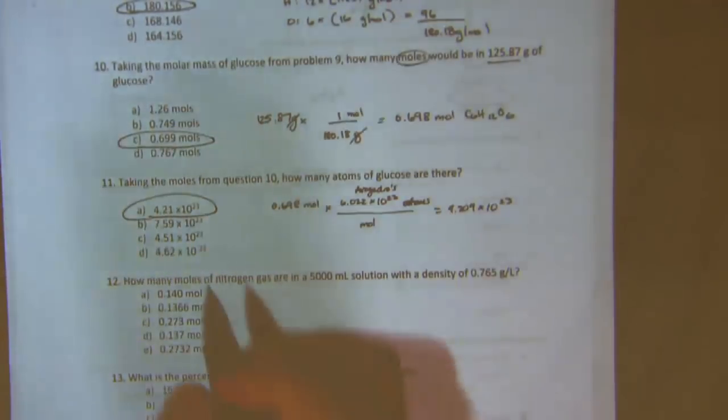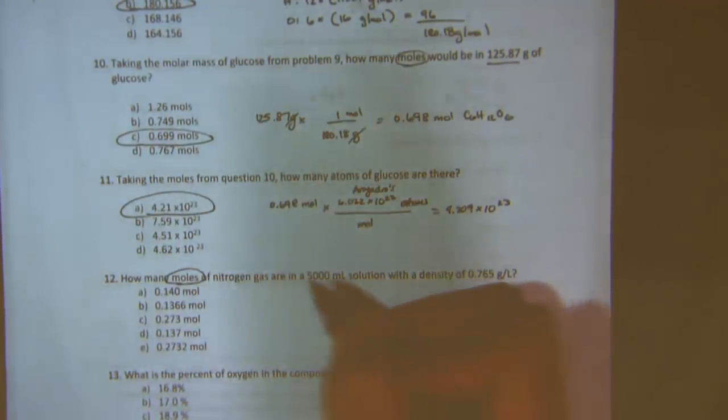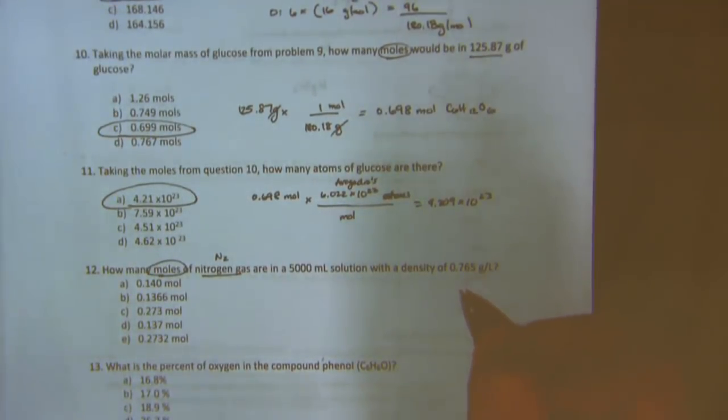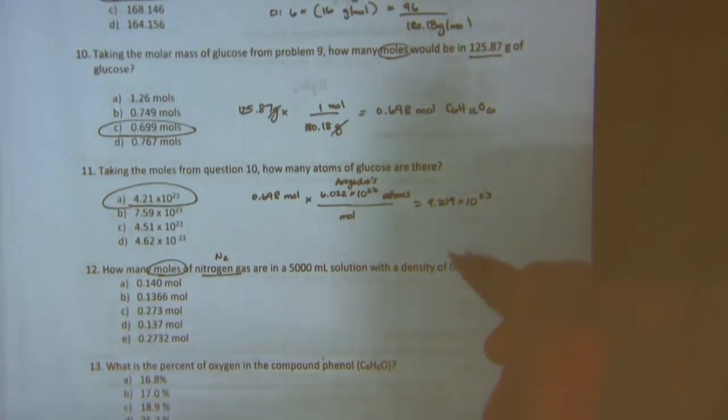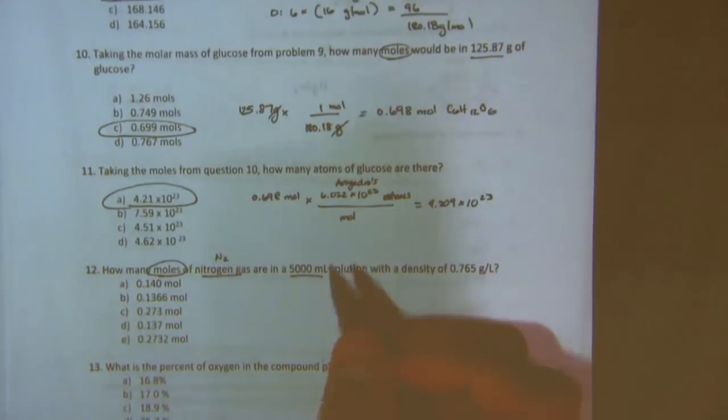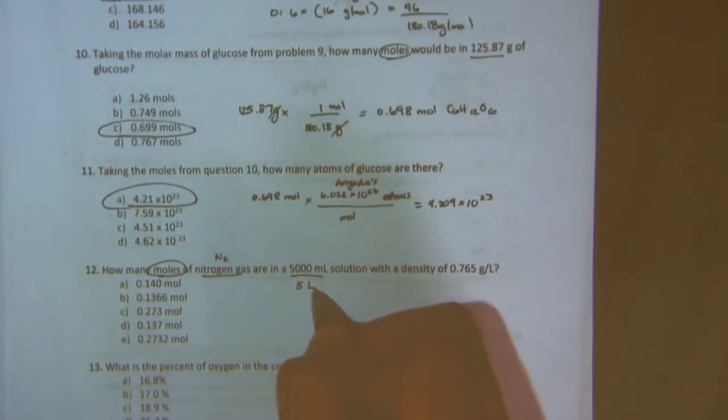So for number 12, how many moles of nitrogen gas are in 5,000 milliliter solution with a density given to be 0.765 grams per liter? So for milliliters, we need to remember that to convert, we need to multiply or divide by 1,000, and this would give us 5 liters total.